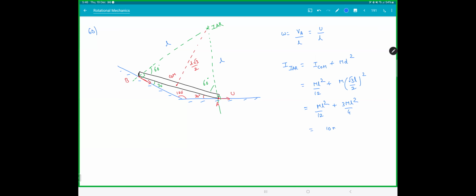This would be 10 m L square by 12, which is 5 m L square by 6.